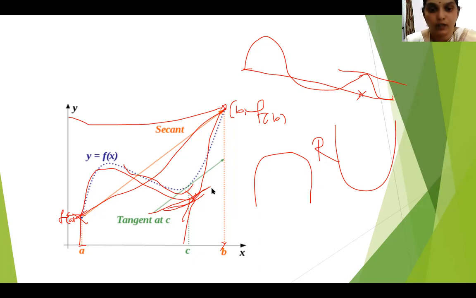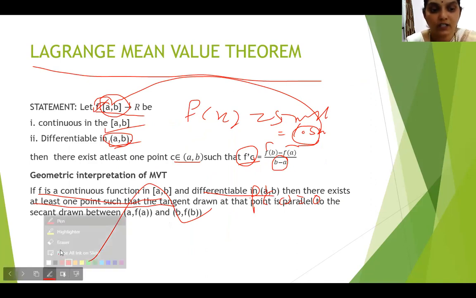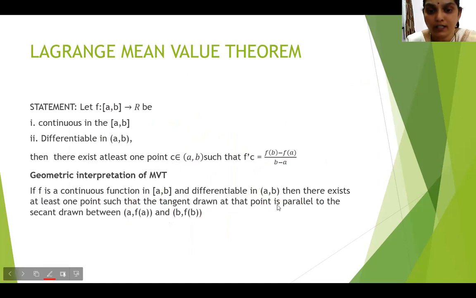So, let me tell you the geometric interpretation of the mean value theorem. Suppose f is continuous in the closed interval AB and differentiable in the open interval AB. Then there exists at least one point such that the tangent drawn at that point is parallel to the secant.